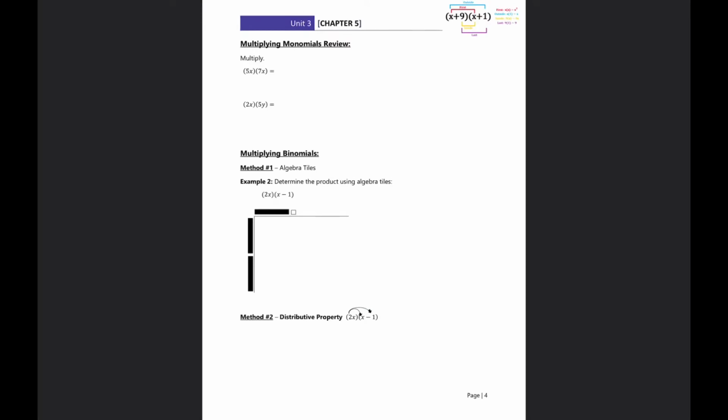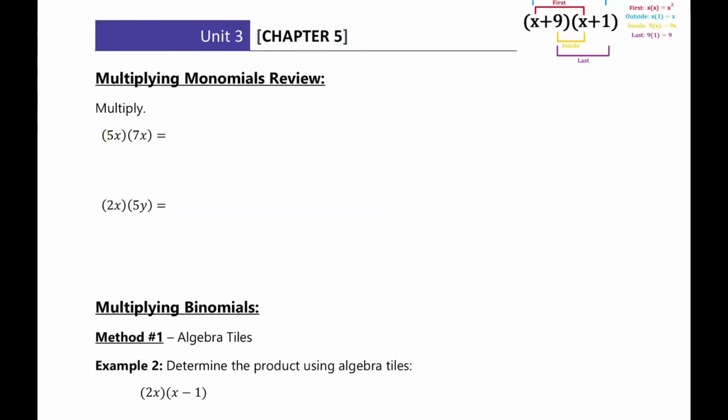Moving on to the next page, multiplying monomials review. First thing we need to do is to recognize coefficients and variables we can multiply. We have coefficients 5 and 7 here, and we have a variable x here. Let's rewrite this in an expanded version.